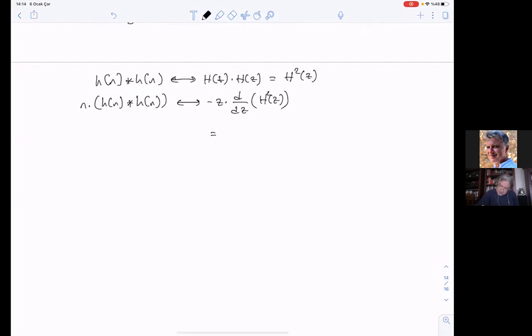Meanwhile, this right-hand side is equal to minus z times the derivative of H squared of z, which is minus 2z times H of z times the derivative of H of z by chain rule of the derivative.